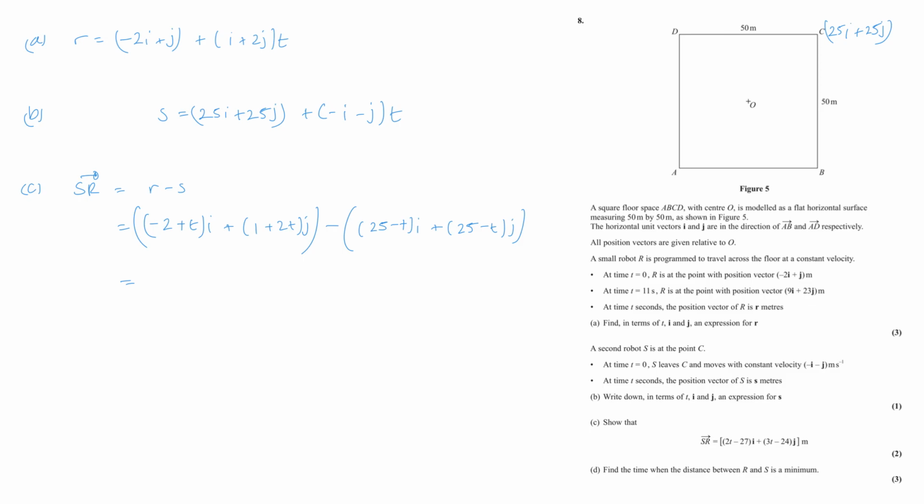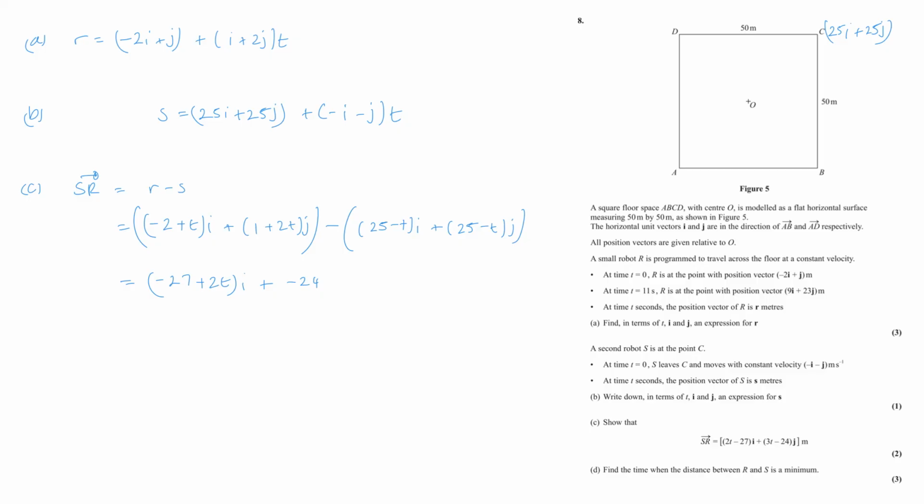So comparing the i's, minus 2 plus t minus 25 plus t. So minus 2 minus 25 is minus 27. t minus minus t is plus 2t i. And then we've got 1 minus 25 is minus 24.